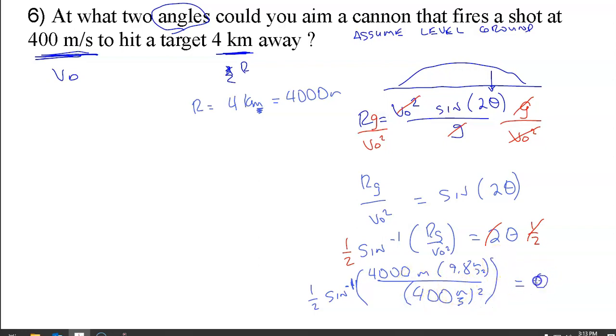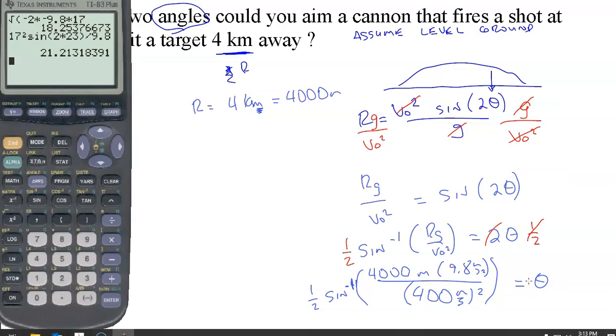And let's see what that comes up to. I've got 1/2, I'm going to put 0.5, times the arc sine. Inside arc sine, I got 4,000 times 9.8 divided by 400 squared.